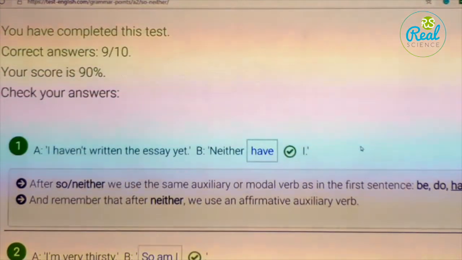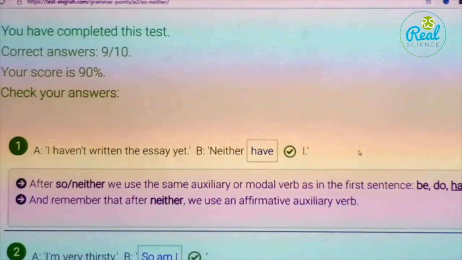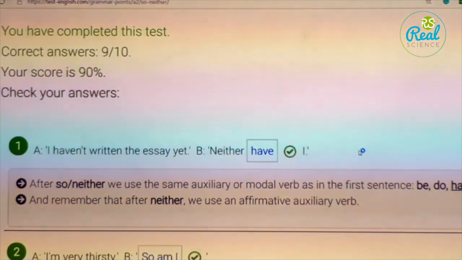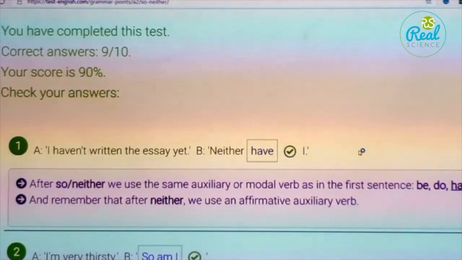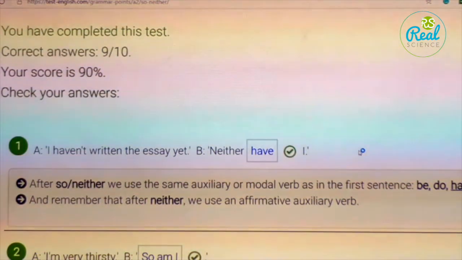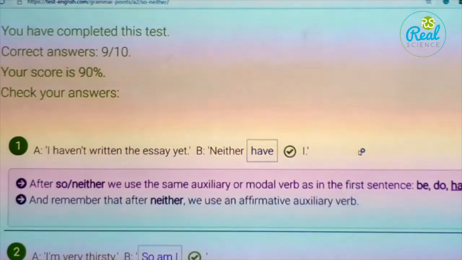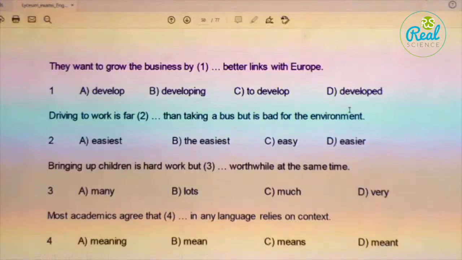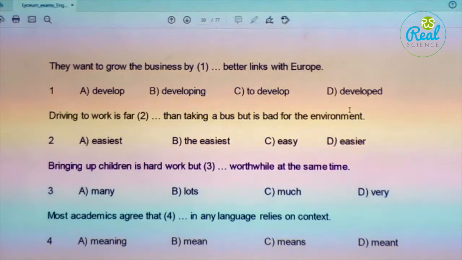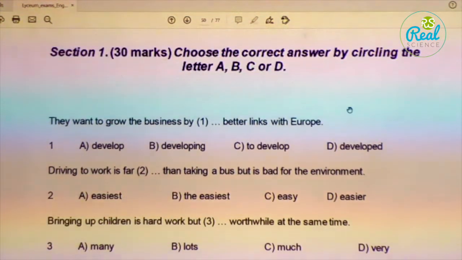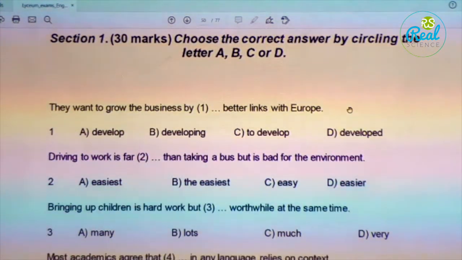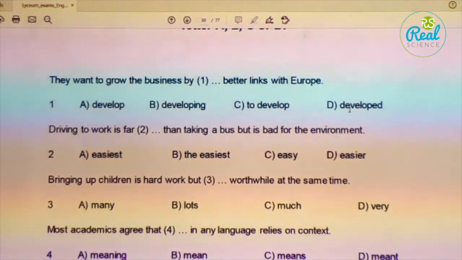So now, guys, could you see this version? Yes. We will continue our lesson with this version.